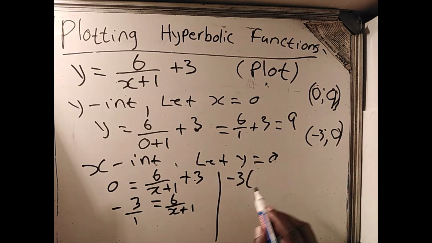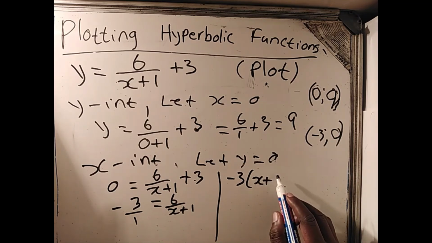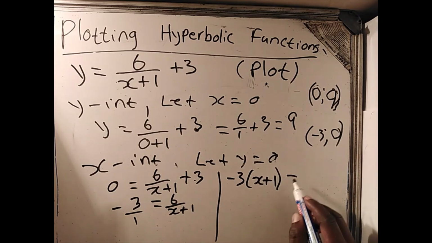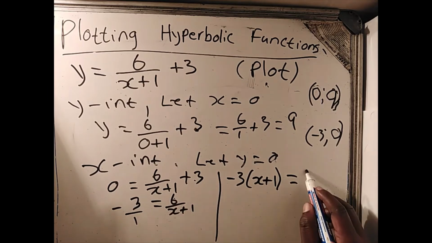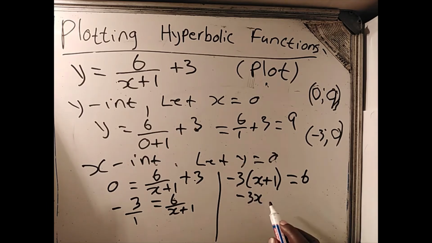Let's actually do this, and then we get it with x plus 1, which is equal to 6 times 1, so we get 6. Then this multiplied by this is going to be minus 3x, and this multiplied by this is going to be minus 3, which is equal to 6.